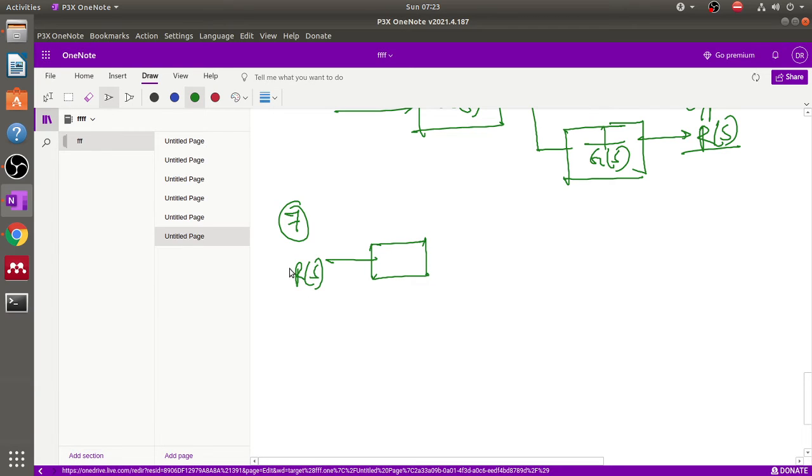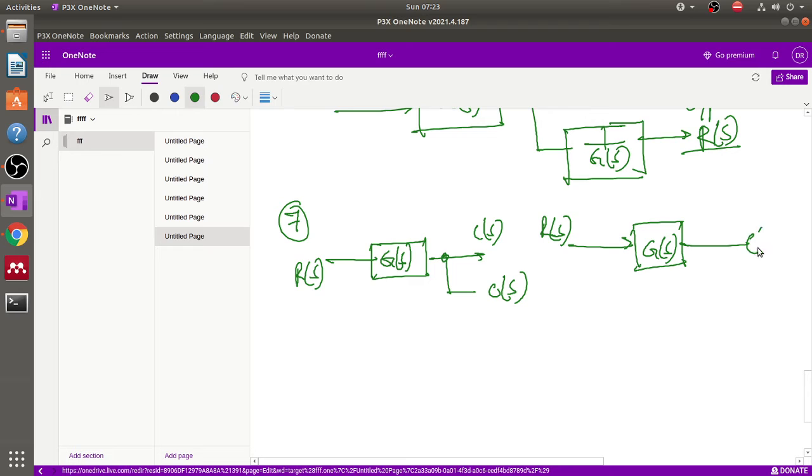Here, shifting the point from a position after a block, that means here first of all after a block, this is CS, and if we convert it before a block, so what is the output here? This RS into GS. So here you also apply one GS block.